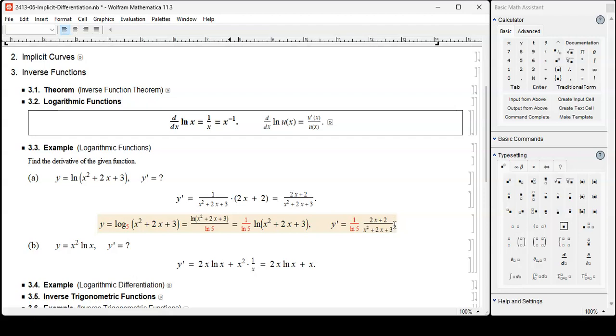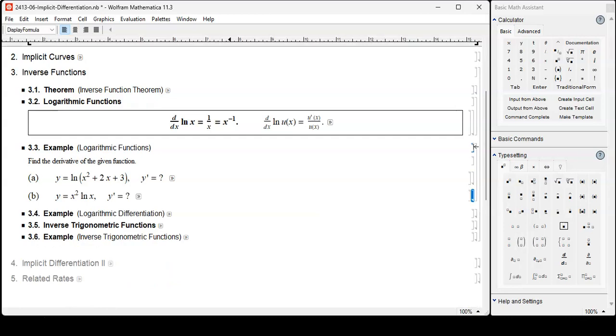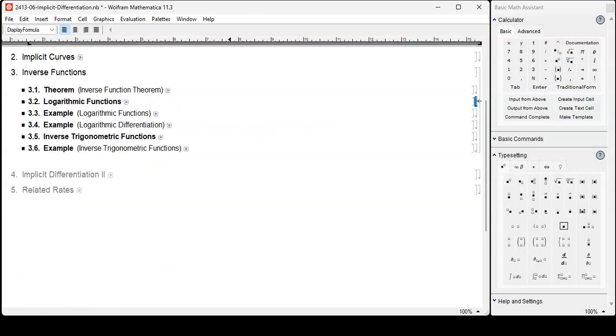So that's how you can calculate the arbitrary base case. The only difference, 1 over log of a. That's the only difference. Otherwise the same. Needless to say, the natural logarithms are far more important. Okay, so much for computation of log functions.